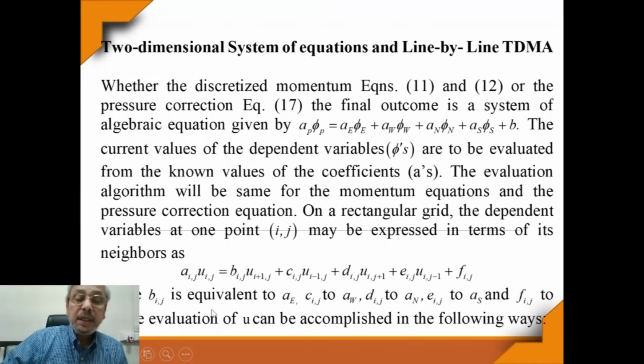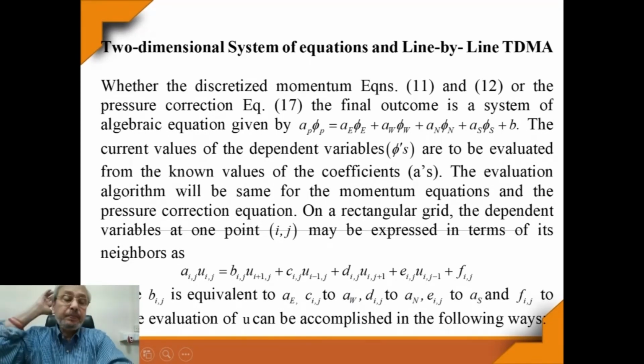Bij is equivalent to the coefficient of eastern neighbor AE, Cij is the coefficient of western neighbor, Dij is the coefficient of northern neighbor, Eij is the coefficient of southern neighbor, and Fij is the free term B.